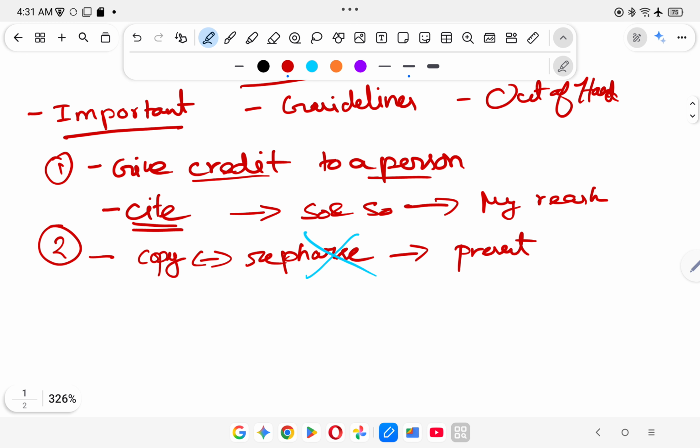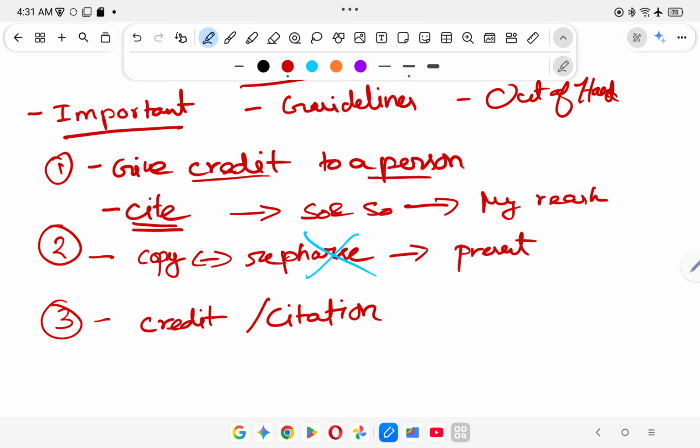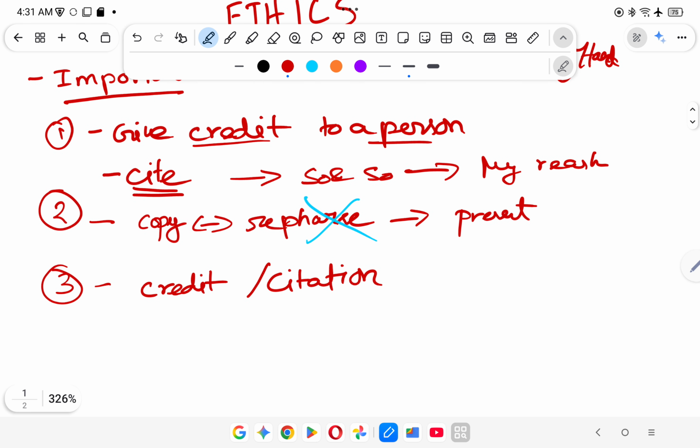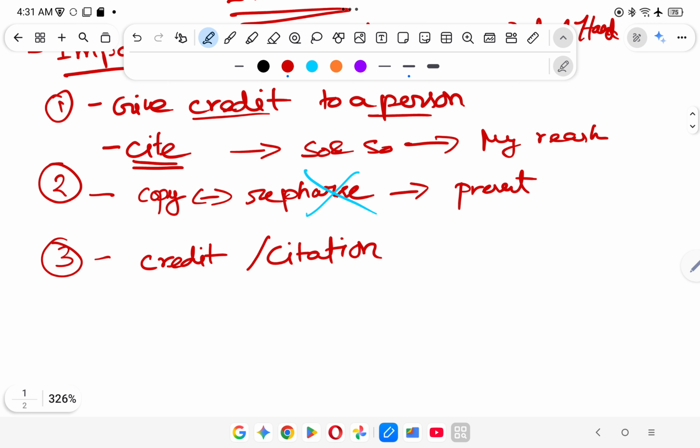The best thing to do is give the credit to them. You need not reinvent the wheel. You can just say this person has already done this, and I am planning to do that from a different perspective. That's always the genuine thing to do. If you take somebody's work, you have to give them citation. You cannot say it's your own work.